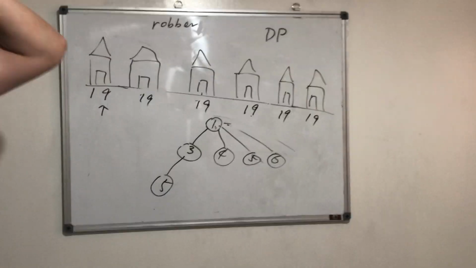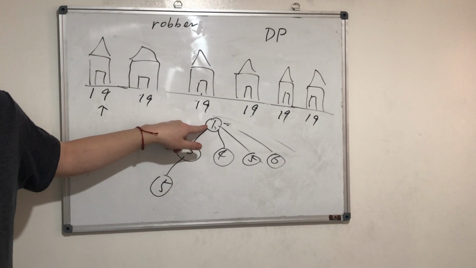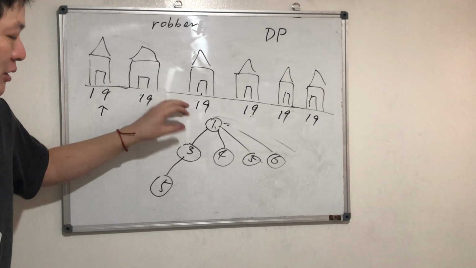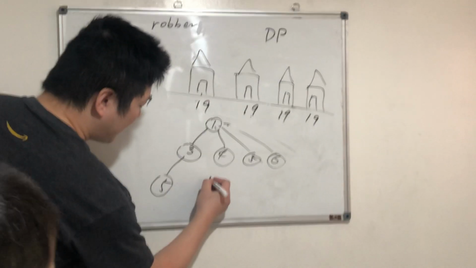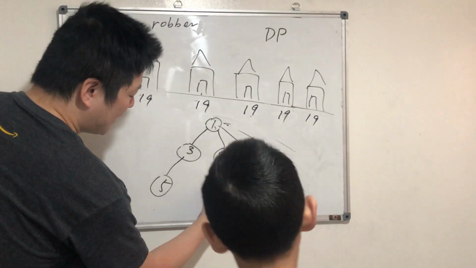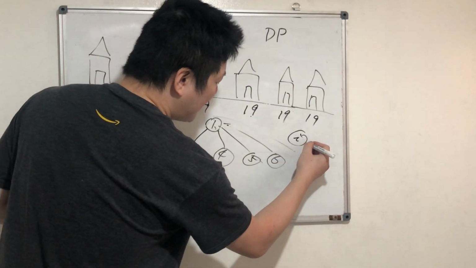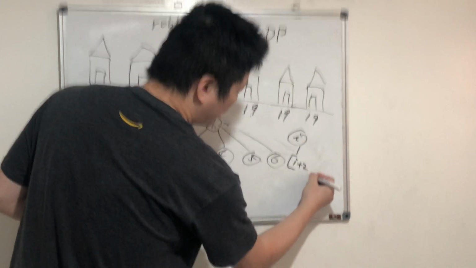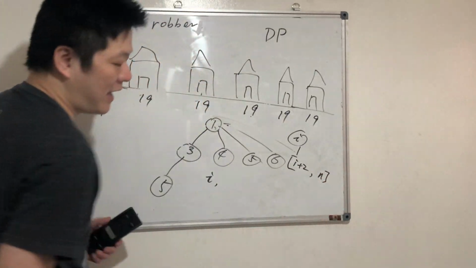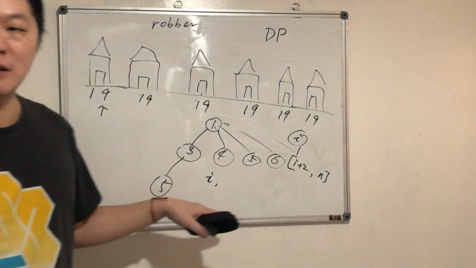So look, this is very time consuming because for each node, the next node, if you pick the node I, the next node could be from I plus 2 to n, right? So what's the complexity of this one?